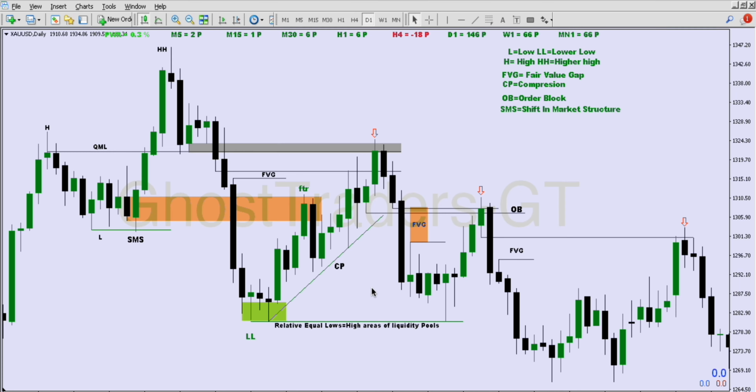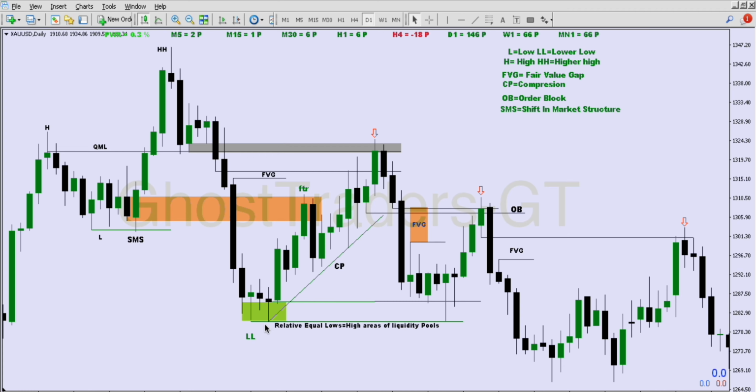Hence, whenever you put your target, make sure you use the body of the candle, because price has a tendency to get to these wicks, which we call rejection blocks, and then retrace.